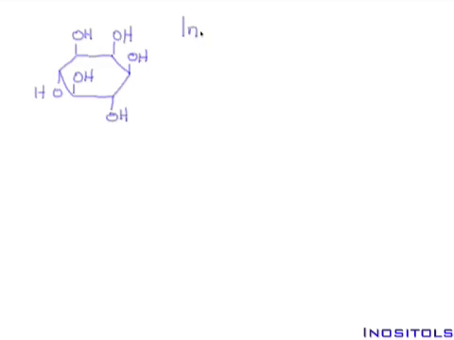Inositols are not true carbohydrates because they lack the oxygen in the ring, but this molecule, called myo-inositol, is an example of a type of molecule that is found inside the cell of almost all living species.